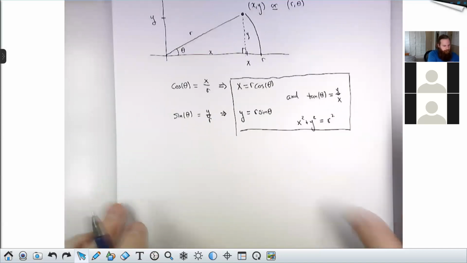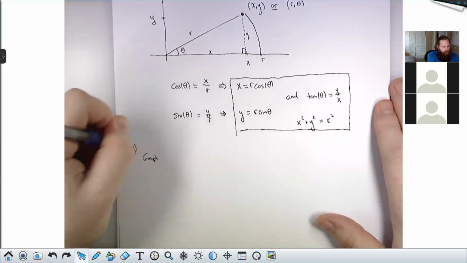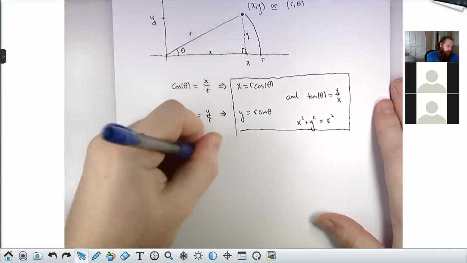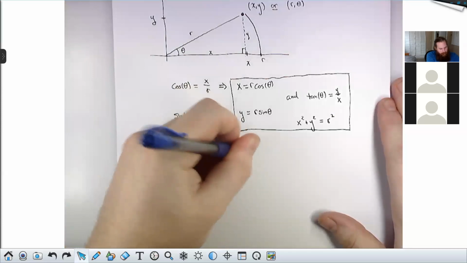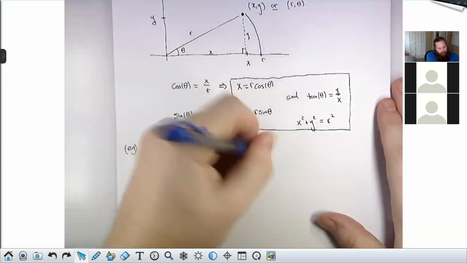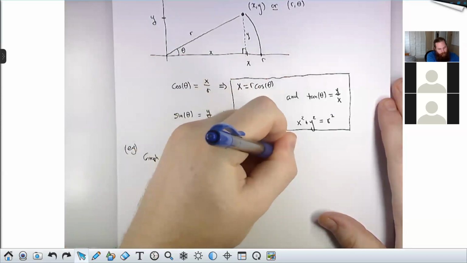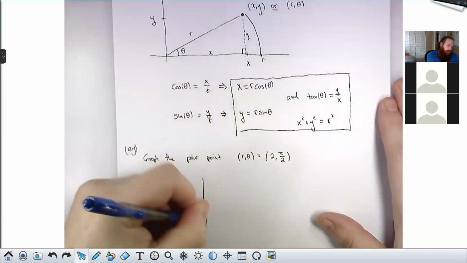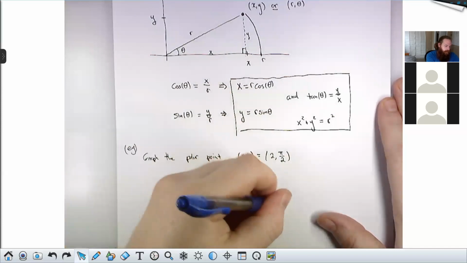So let's graph, for example, the polar point r comma theta equals 2 comma pi over 2. Why not? So we have what's called the polar axis here.